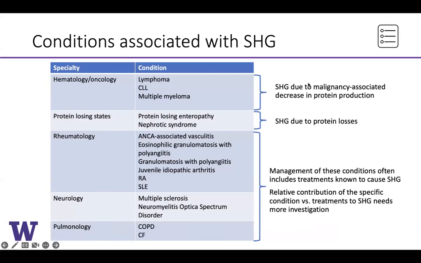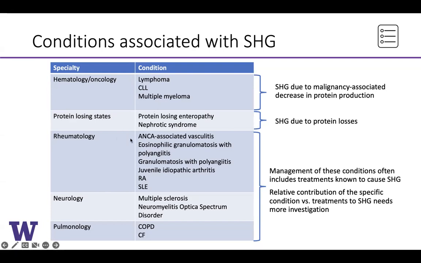And on the side, I really pointed out to be mindful of the process that leads to this. So with hematology, oncology, such as lymphoma, CLL, multiple myeloma, the secondary hypogammaglobulinemia is due to malignancy-associated decrease in protein production. In protein-losing states, obviously, due to protein loss.